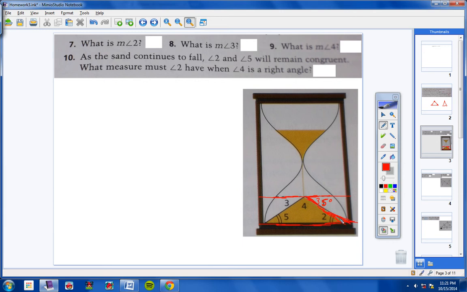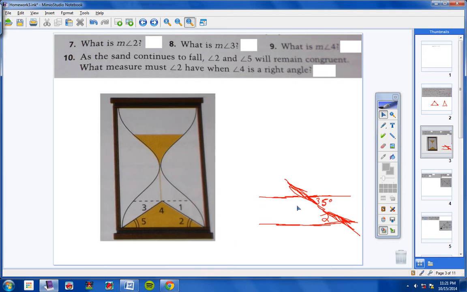I'm going to extend that line down and extend that line down, and I'm going to put angle 2 right here. Look what I have. I have 2 parallel lines cut by a transversal, and this angle here and this angle here are called alternate interior angles. When 2 parallel lines are cut by a transversal, alternate interior angles are congruent. So the measure of angle 2 is 35 degrees.